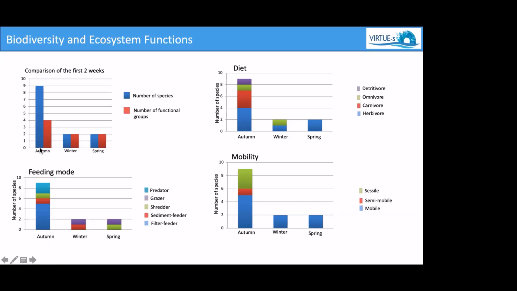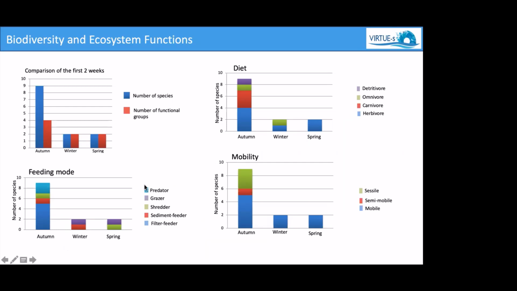Whereas in autumn, you can see that there are 9 species, but there are only 4 functional groups. So that means that of these 9 species, there are some which share the same functional characteristics. So here we already see functional redundancy.